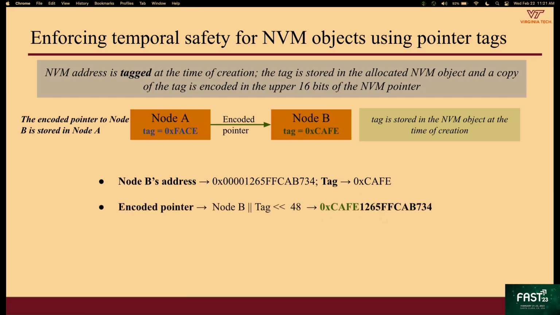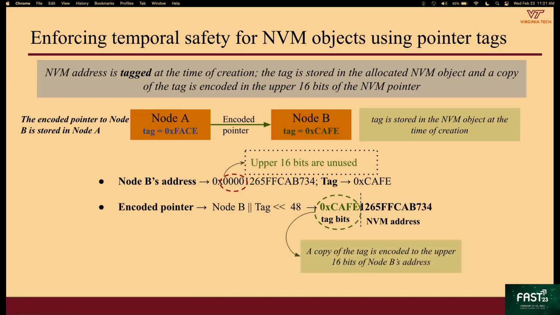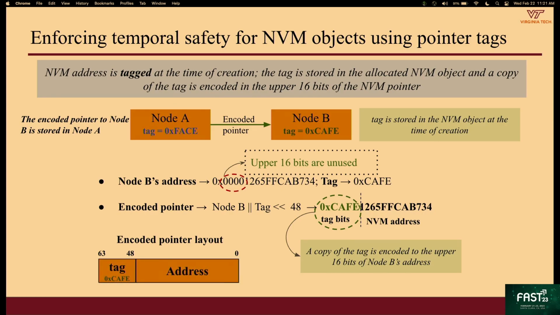The encoding is nothing but updating the upper 16 bits of the NVM address. If you observe closely, before encoding, the upper 16 bits are unused, and after we encode, those unused bits represent the tag. Overall, our pointer layout looks like this: bits 0 to 47 are the NVM address, and the rest of the bits correspond to the tag.